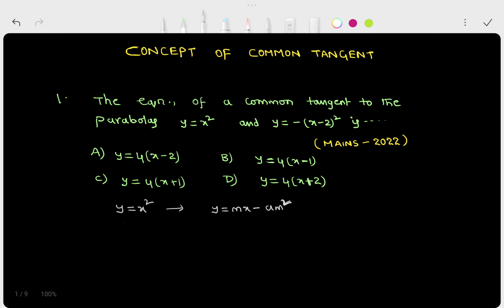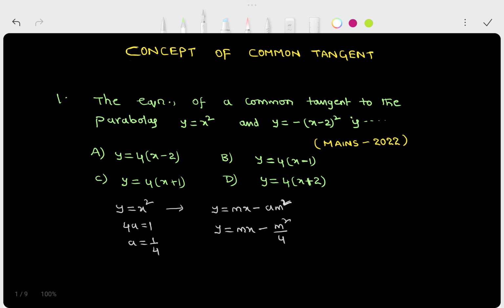In this one, 4a = 1, so a = 1/4. Now you substitute this value: y = mx - m²/4. I hope everyone is clear.